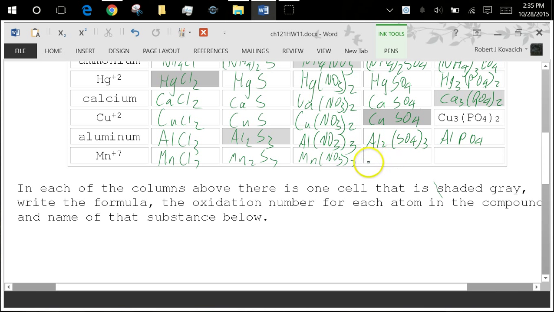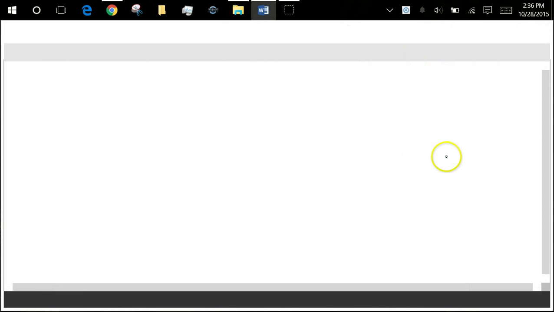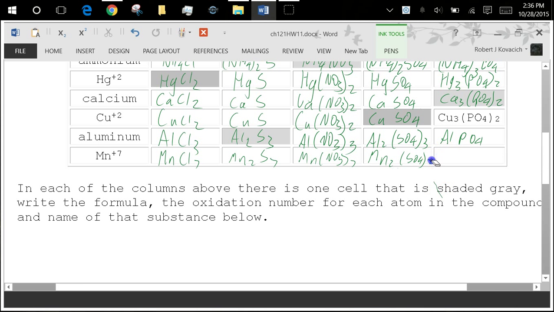And I've got Mn2(SO4)7. Sorry, not 2, 7. And then I've got Mn3(PO4)7.